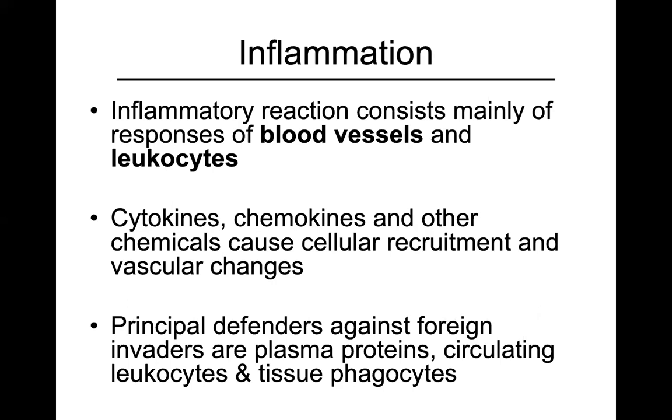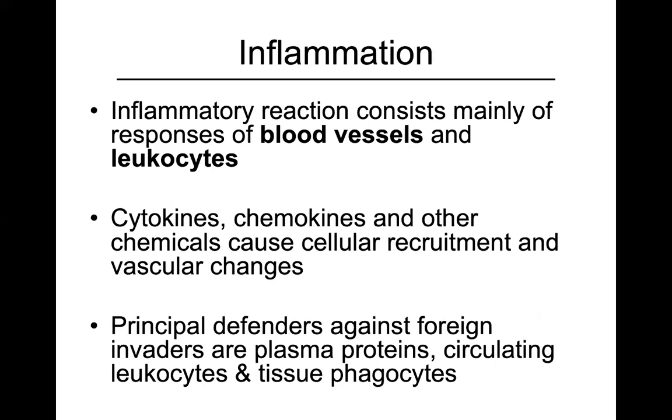At the cellular level, the inflammatory reaction involves mainly the blood vessels and white blood cells. So you get certain changes in the blood vessels, and we'll describe these changes, which allow for the passage of white blood cells from the circulation to the tissue where the injury has occurred.